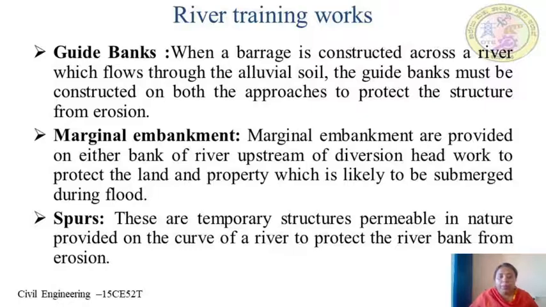So the main purpose of this is to retain the flood water, to store the water within a specified section. It protects towns and villages from devastation during heavy flood, and also it protects valuable agricultural land.